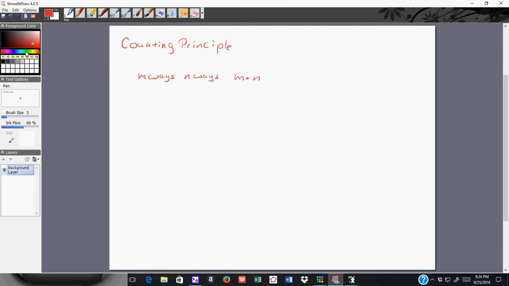So let me explain. Let's say I went out to eat and there's two appetizers and there's three main dishes. And this is a lovely blue. I might actually stick with this. And then there's four desserts.